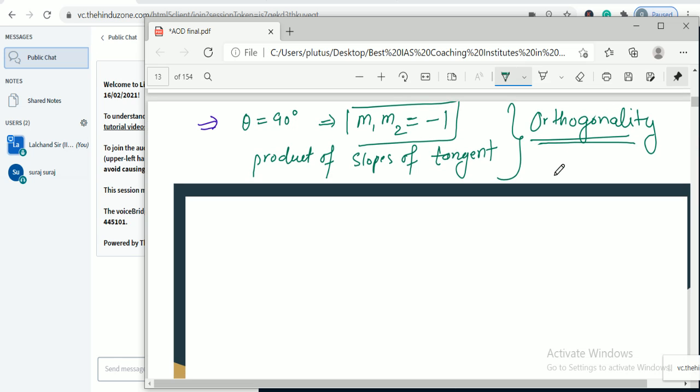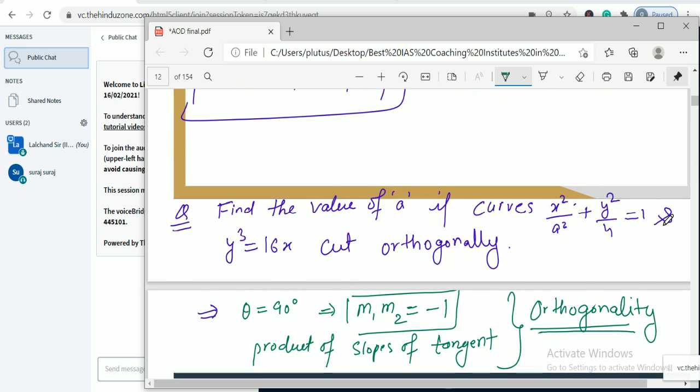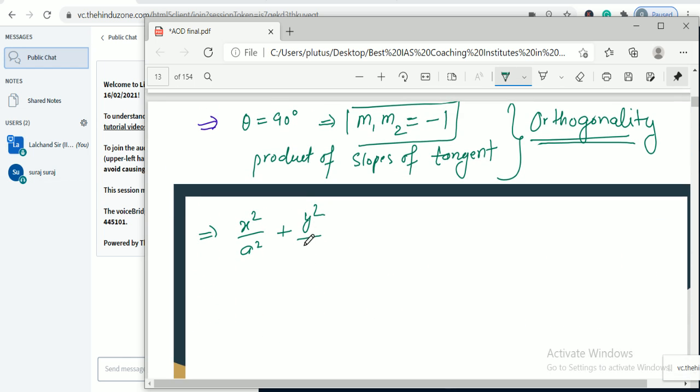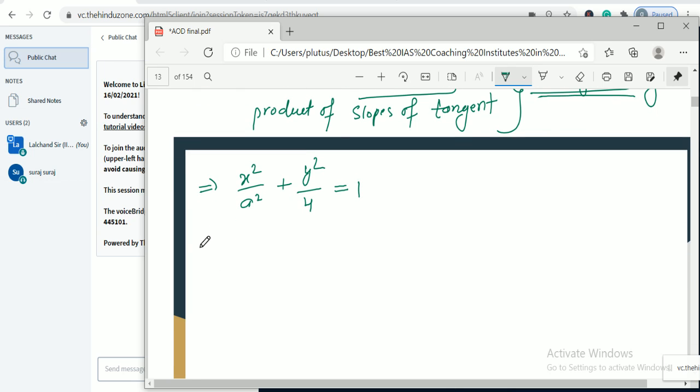First curve is x square by a square plus y square by 4 equal to 1. We need to find out dy by dx, the slope of tangent. So if we differentiate with respect to x, then we have 2x by a square plus 2y dy by dx by 4 equal to 0.